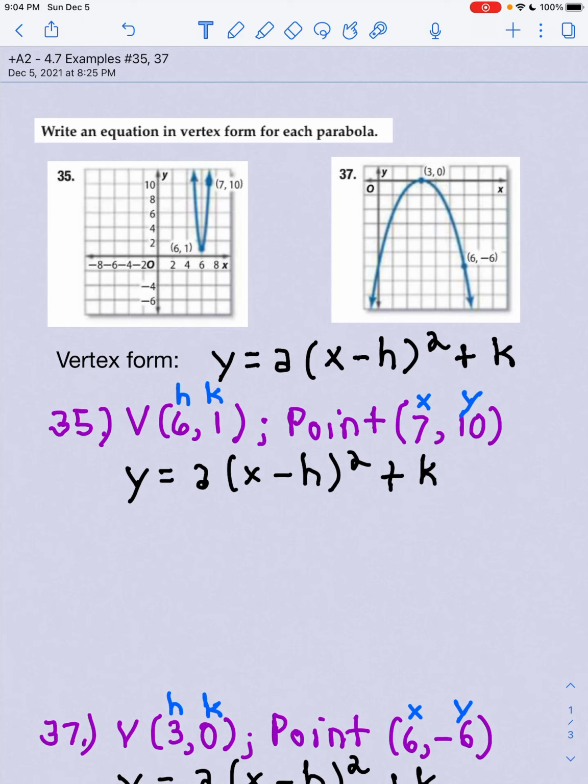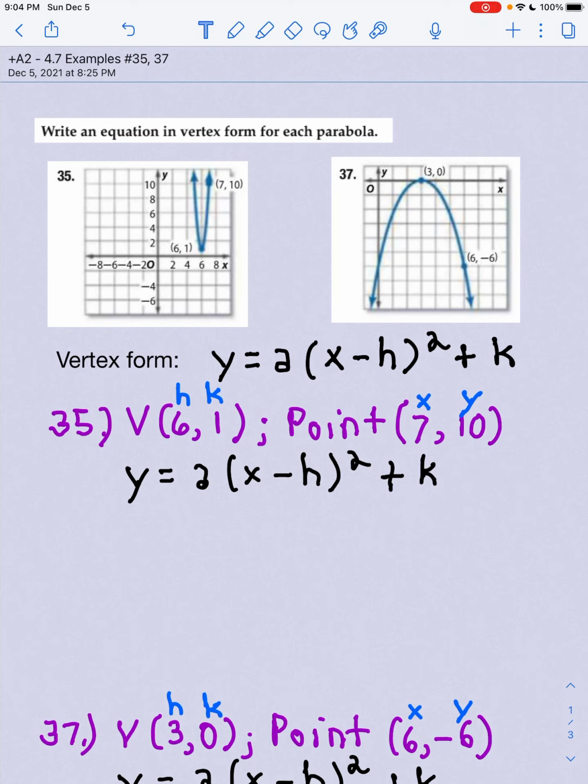a. So for instance, 35, you can see from the graph that the vertex is the ordered pair 6, 1. A second point on the graph that they give you is 7, 10. Now you can see from my work, I have labeled the vertex h, k, and the point on the graph is just any ordinary point x, y.